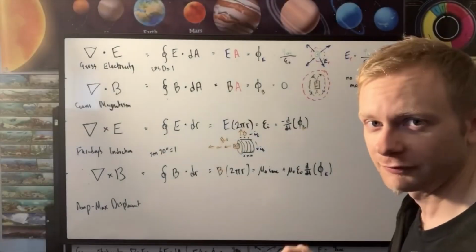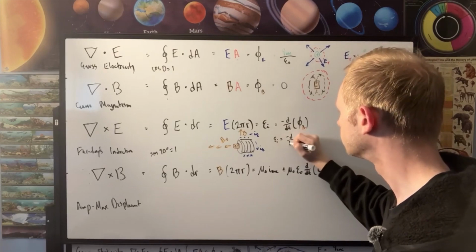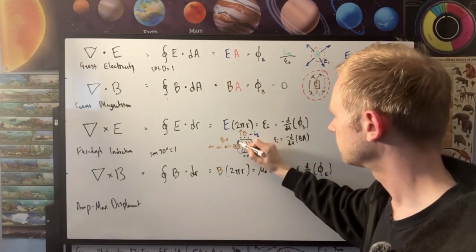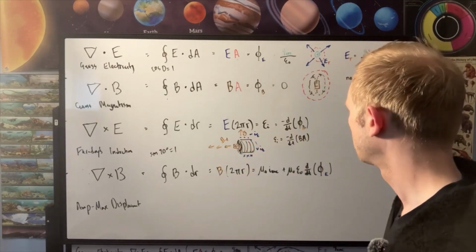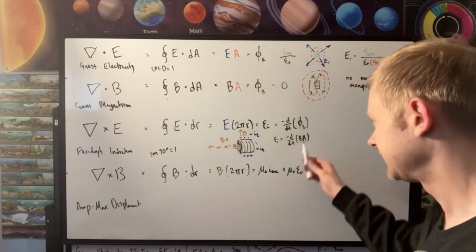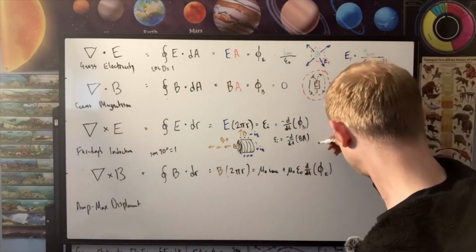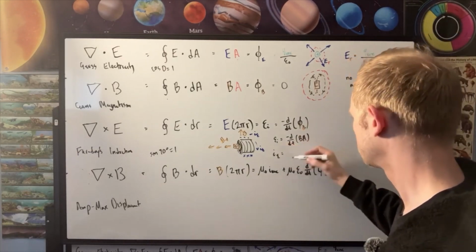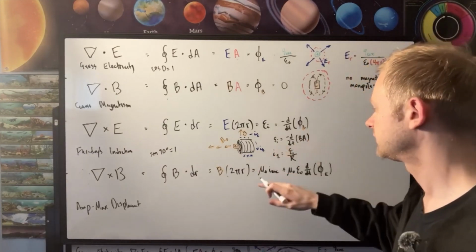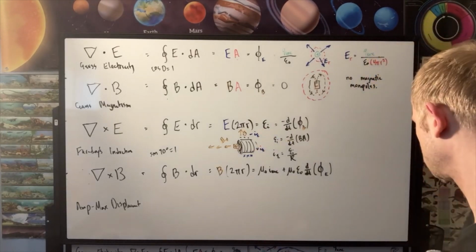And so we could rearrange this equation to say that the induced EMF is equal to the negative time derivative of B times A, where A is this area right here that the magnetic flux is going through, and this is the time derivative of that magnetic flux. And we can also calculate the current by dividing the induced EMF by the resistance in this wire. So that's interesting.